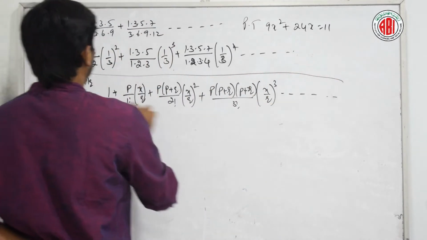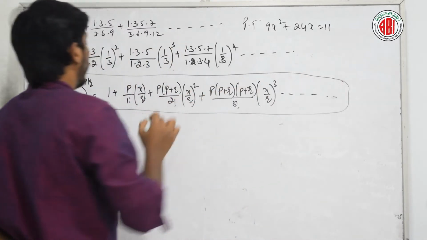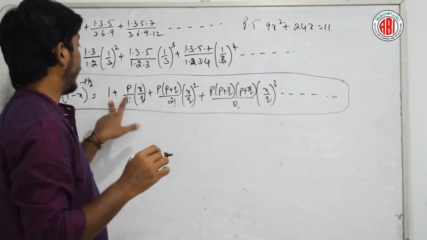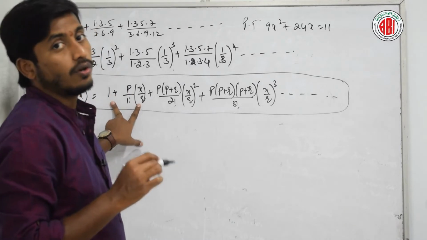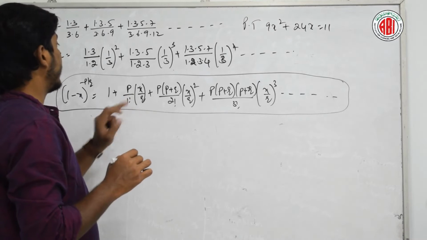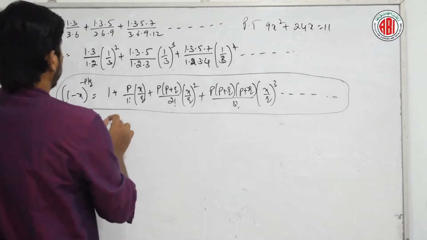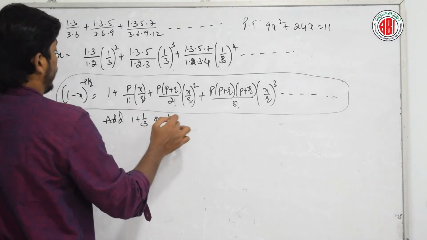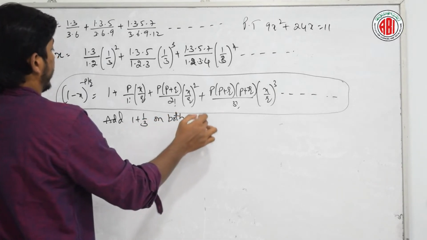Is it right? Then what is this simply? We have this 2 factorial term, but we don't have these two terms. So we will just add 1 plus 1 by 3 on both sides. Okay? Add 1 plus 1 by 3 on both sides.